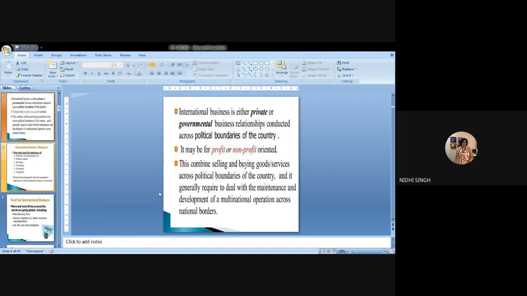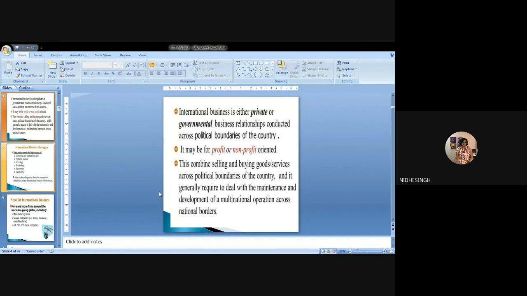Now, international business can be either private or government business and relationships across political boundaries in the country. Political boundary has been explained to all of you. It may be profit or non-profit. Any business can be profit or non-profit oriented, and so can international business.